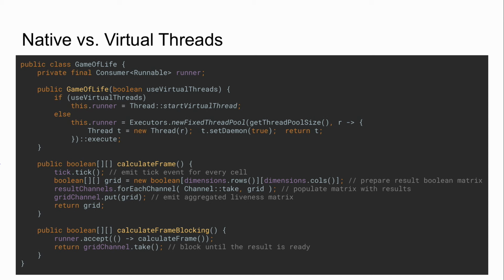And of course, I couldn't run the native thread instance with the biggest board because simply my machine cannot create 50,000 native threads. It just goes out of memory.